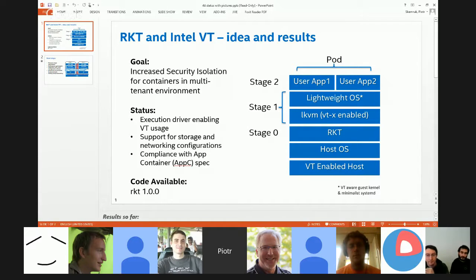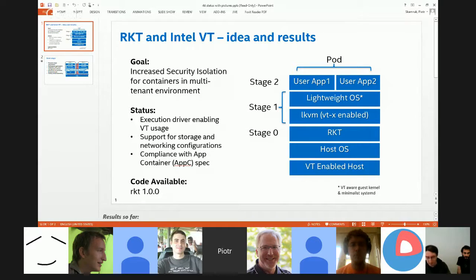We achieved this based on the modular nature of Rocket, providing a new stage 1, which is imitating interfaces which can be found on usual container engines.